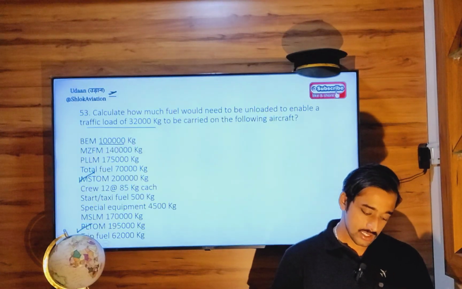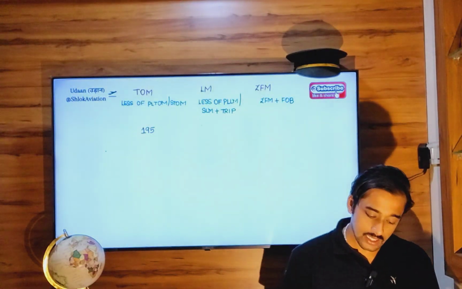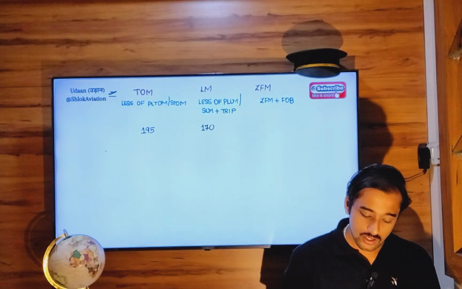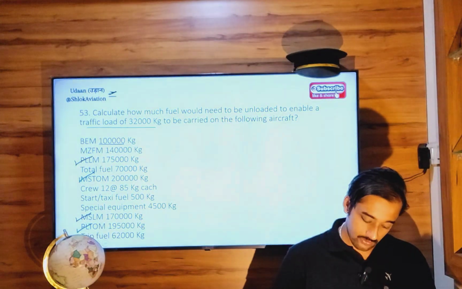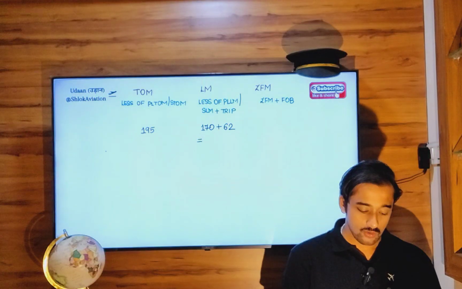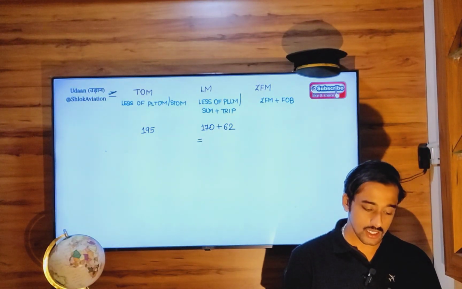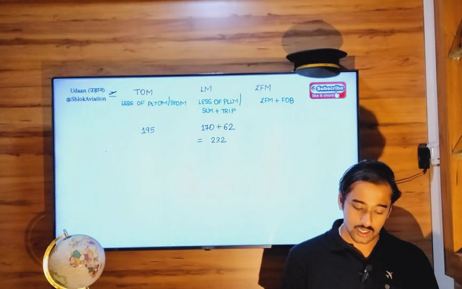Between performance limited landing mass 175 and structural landing mass 170, 170 is less than 175. So put 170, add trip fuel. Trip fuel is 62,000 kg, so plus 62. 170 plus 62 is 232. So write 232 here.